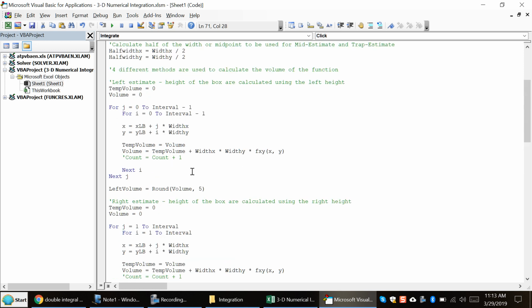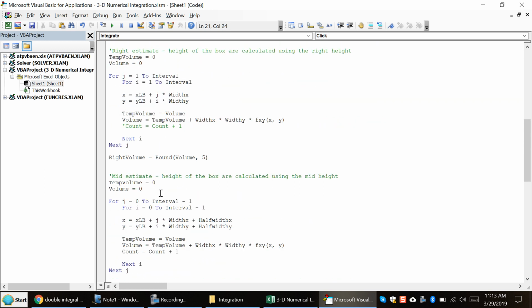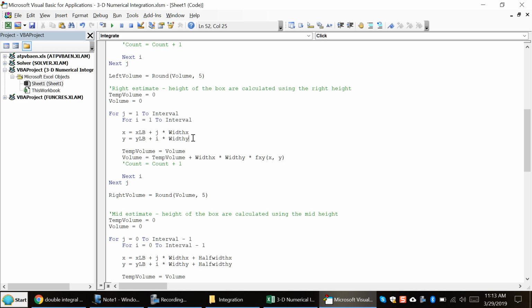And the half width, that's why I went up here and calculated my half width as being my width divided by 2. So this just literally takes me to the middle of the box, right smack dab in the middle. And then that's what I use for my XY values, and that calculates the height at the middle.